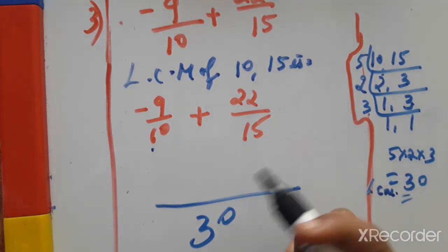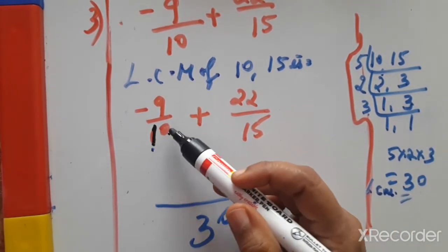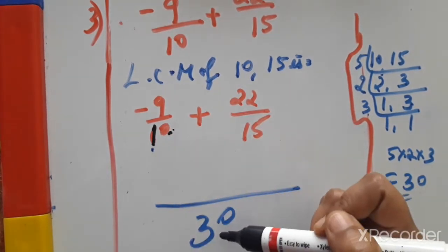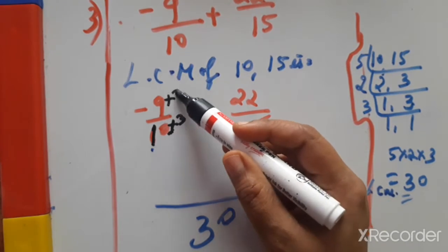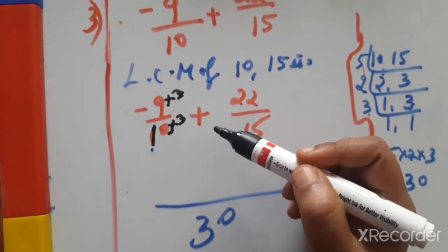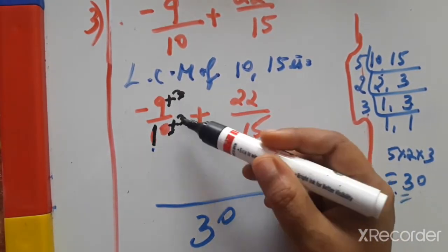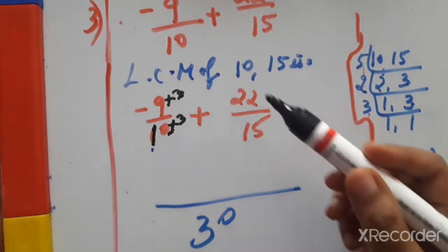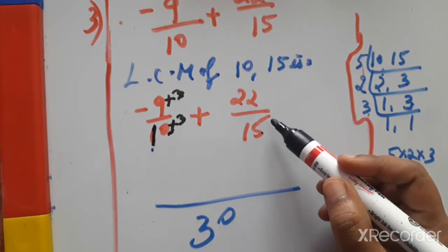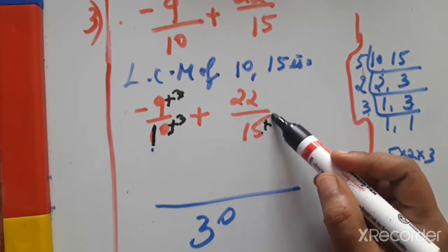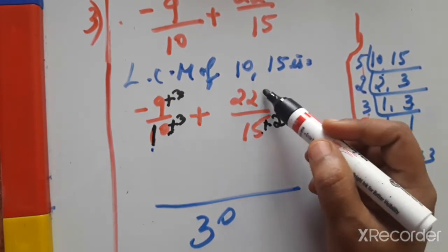10 how much is 30? 10 3s are 30, so the same number 3 we have to multiply. 15 how much is 30, children? 15 2s are 30, so the same number 2 we have to multiply.